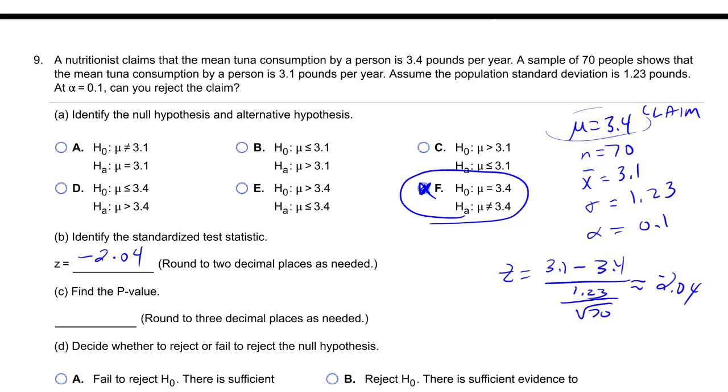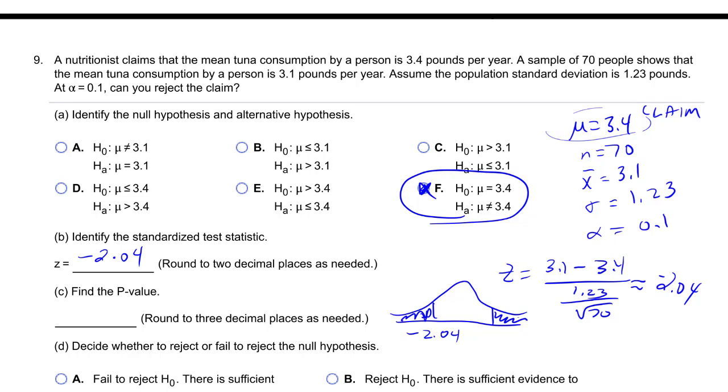Now realize this is a two-tail again because we're doing an equals and not equals. And if I find negative 2.04, and if I find this area and then double it, I'm going to skip a few steps here, so you should try that.